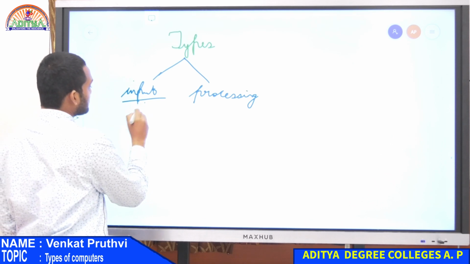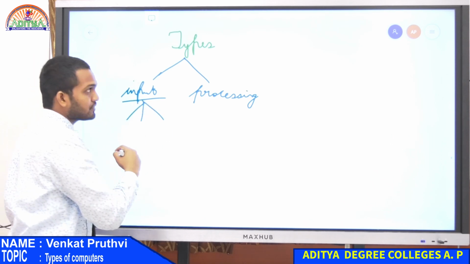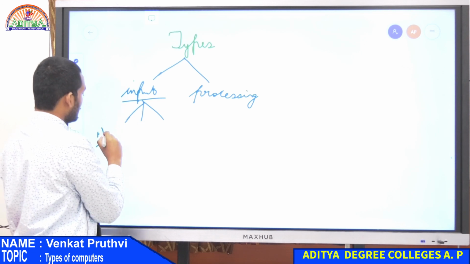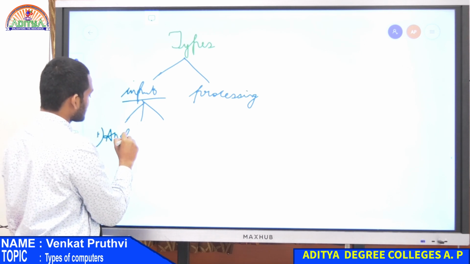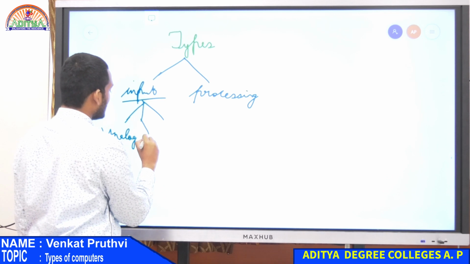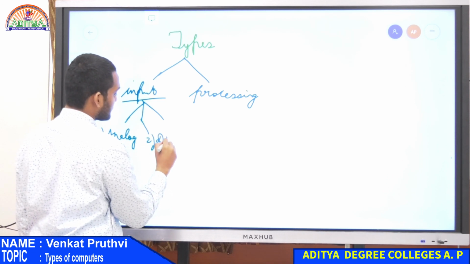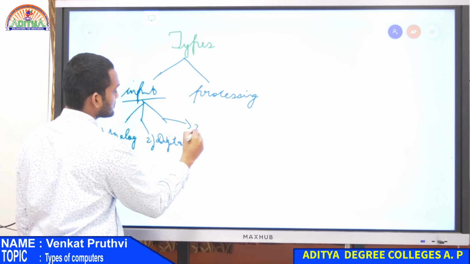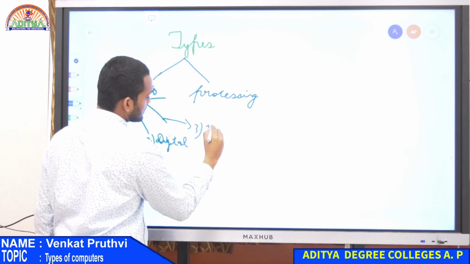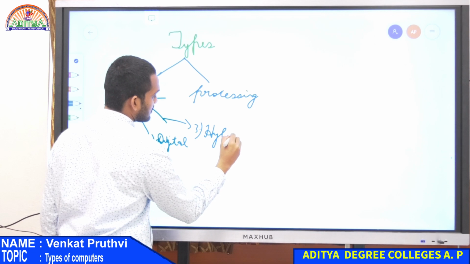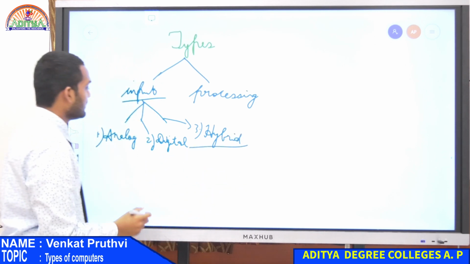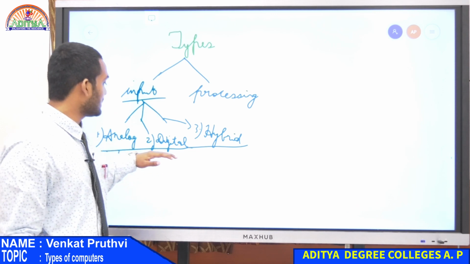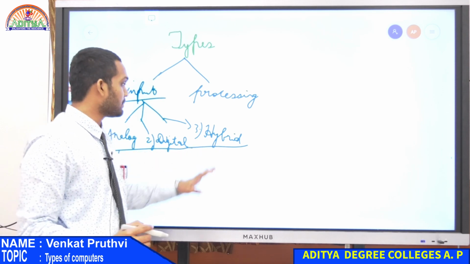Based on the input, we have three types of computers. The first is analog computers, the second is digital, and the third is hybrid.